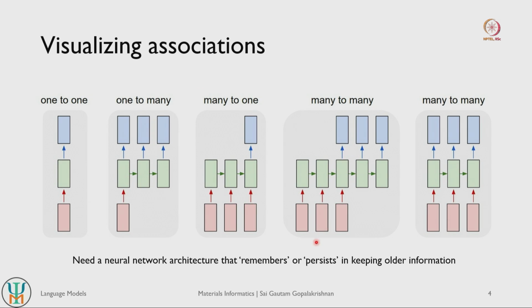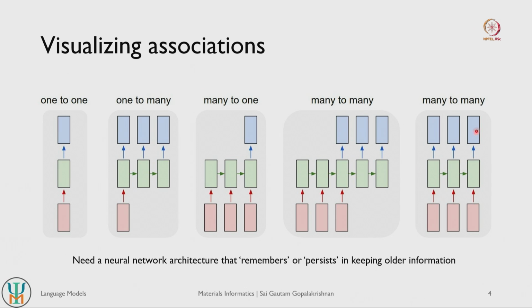You can have many-to-many associations as well. You can say that there is a male person with power, and a king is associated with a person who wears a crown, a person who rules over a region, and a person who is probably married to a queen. Many-to-many can be asymmetric in nature. These can be sequential in nature, where these three inputs contribute to these three outputs in a sequential manner.